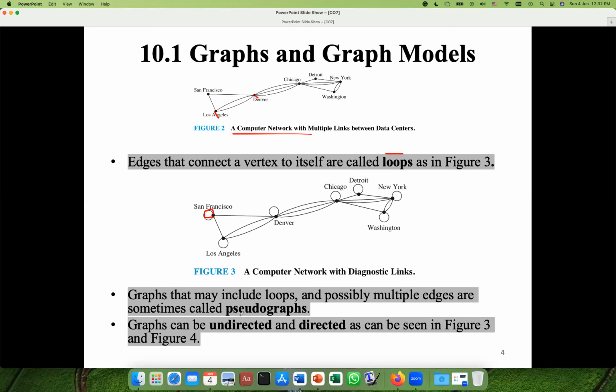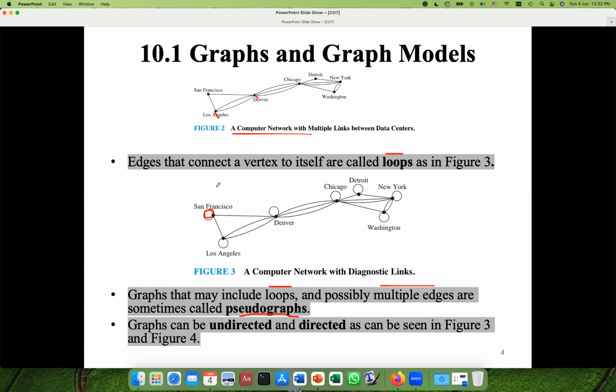And now pseudograph. A graph that will have loops and also sometimes multiple edges. So you can finally say that a graph that will have loops or multiple edges can be called a pseudograph.